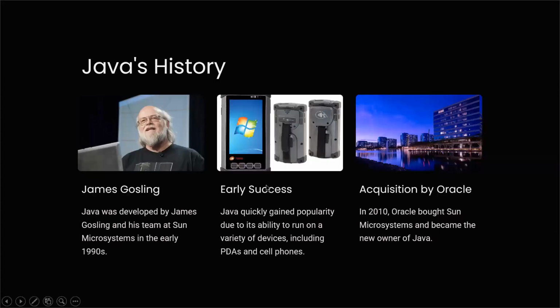As a part of Java history, first we need to know who the developer of Java is, because it's at least our minimum responsibility to know who developed what we are coding. He is none other than James Gosling, and he and his team developed Java at Sun Microsystems, as you can see on the screen, in the 1990s.